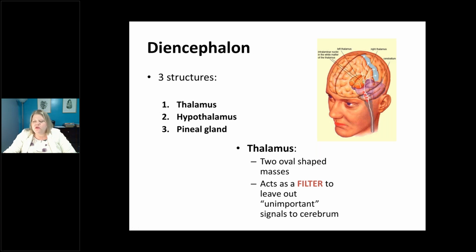And if your cortex or your cerebrum had to interpret all of this sensory input, it would be quite overwhelming. So what the thalamus does is it takes all the sensory information and only allows the significant input to get to the conscious levels of our brain. So it's basically just filtering out unimportant sensory signals.